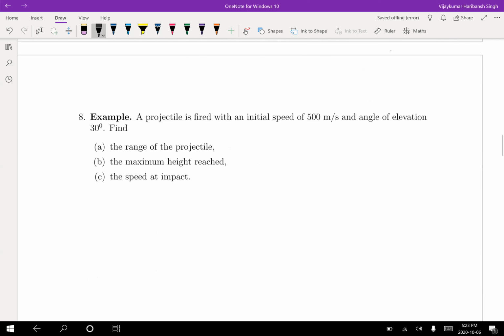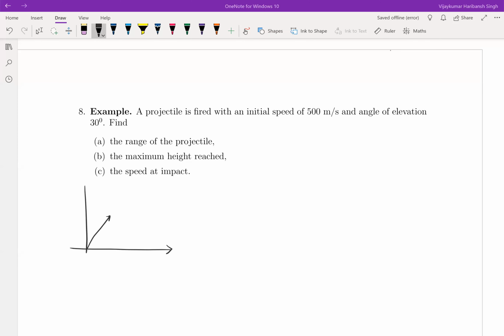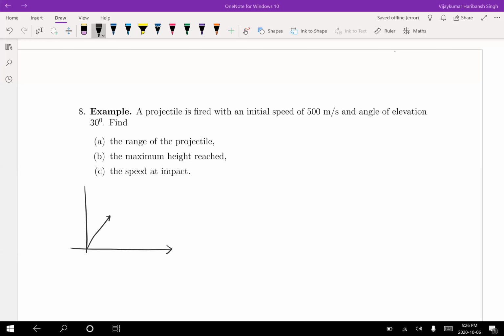All right, so now let's look at the following problem. A projectile is fired at the initial speed of 500 meters per second, and the angle of elevation is 30 degrees. So a projectile looks like this. This is how the projectile is fired.